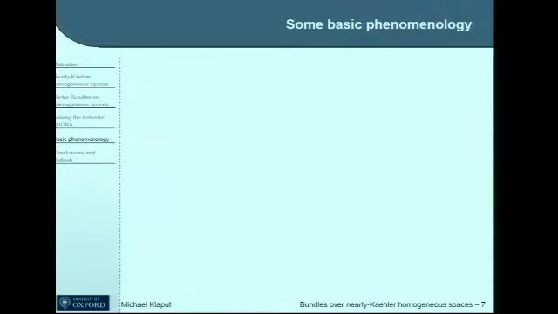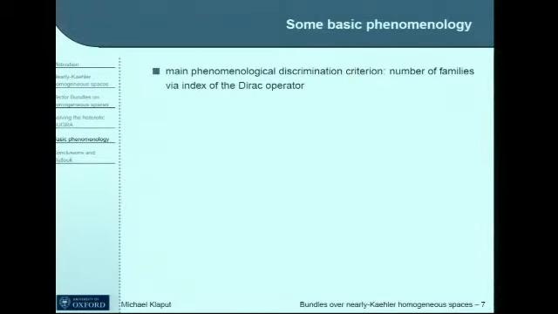I have to say that we're not very far with the phenomenology, but you can say already a few interesting things. The first is you can compute the index of the Dirac operator on these spaces, and then filter the models you get for three families. This is our main discrimination of models.